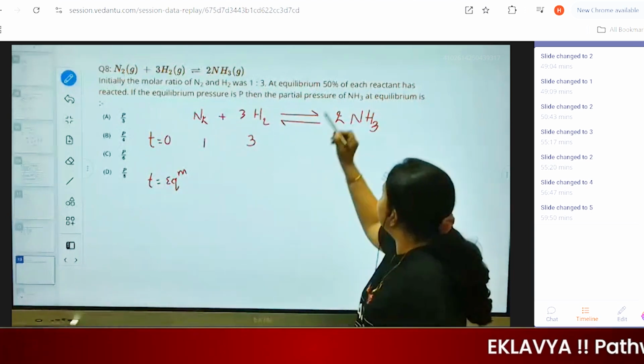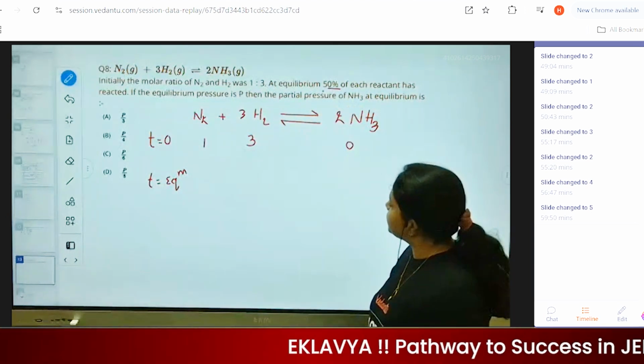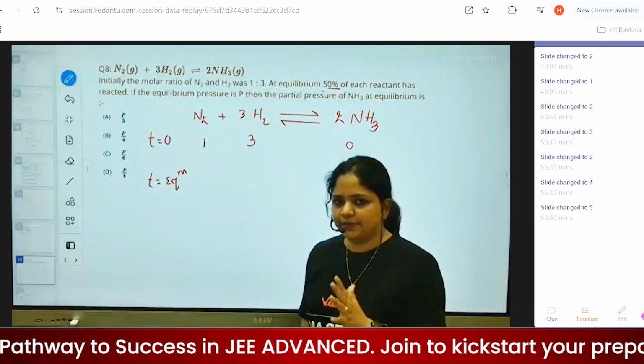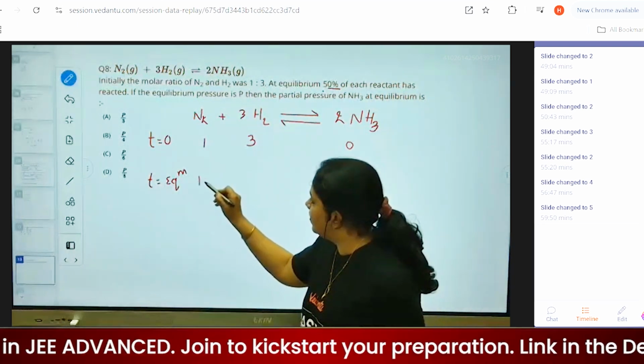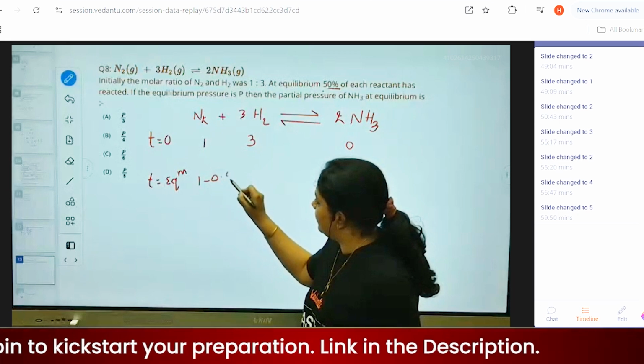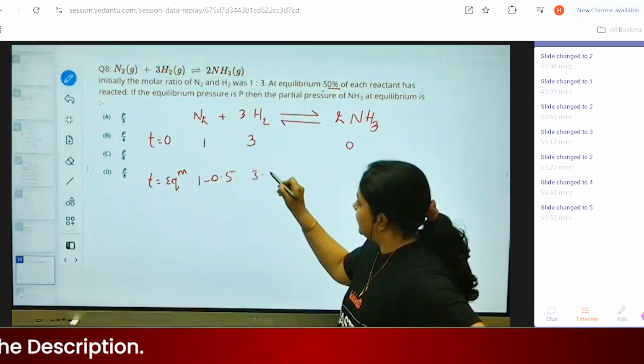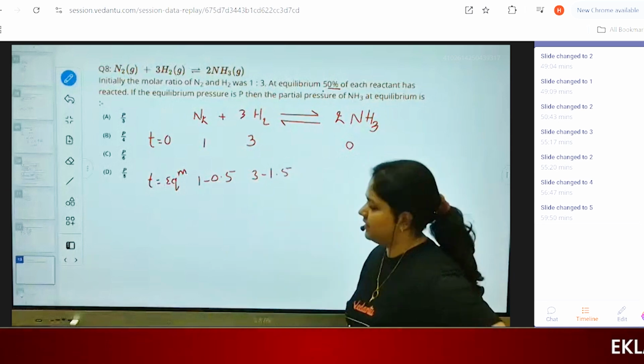Now they have given that 50% of each reactant has reacted. Means if this is 1 mole, 50% is reacted, 0.5 is reacted. If this is 3 moles, how much is reacted? 1.5 is reacted.